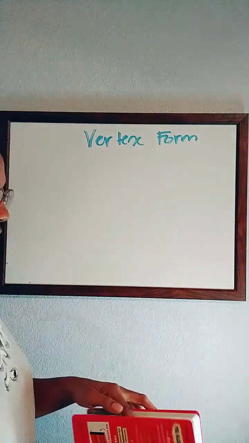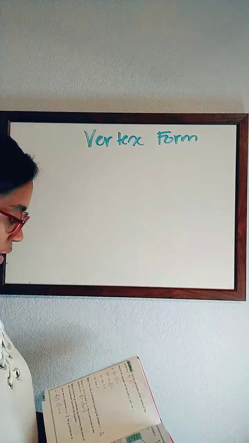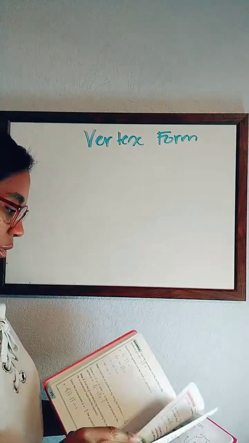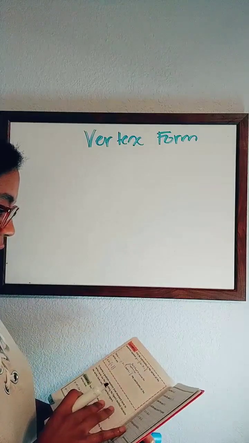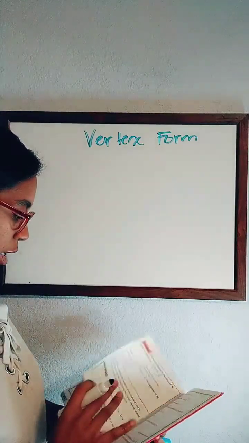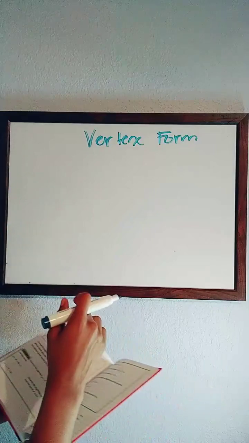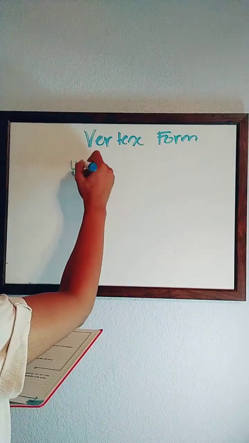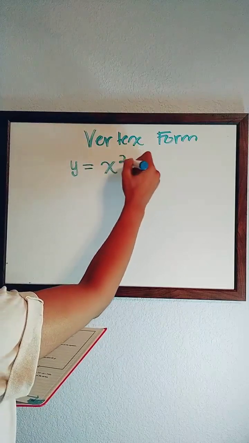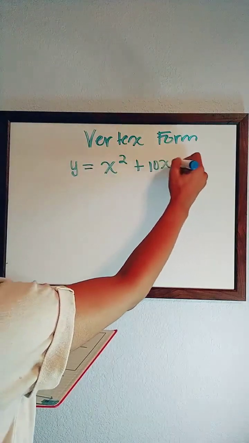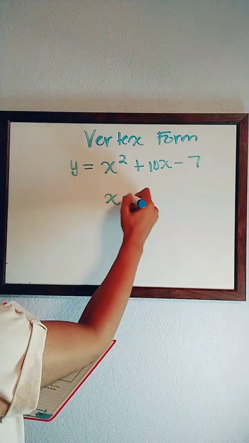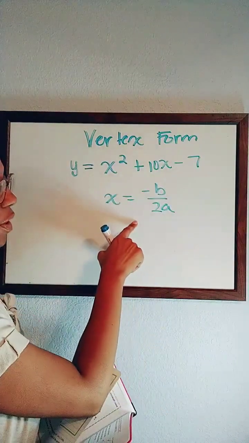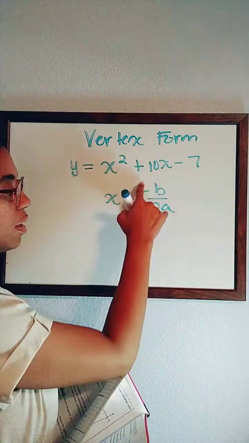So for instance, they give you the equation and it looks like, let's say it looks like, and then the x for your vertex is going to be this.